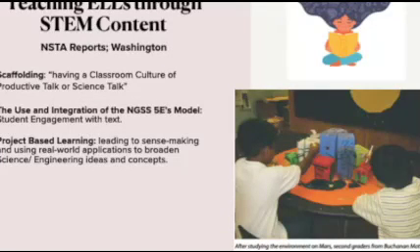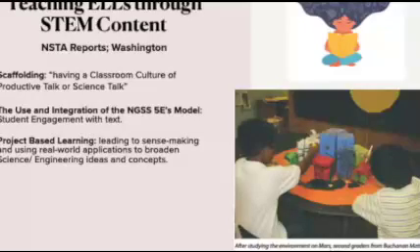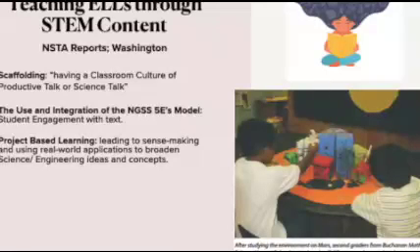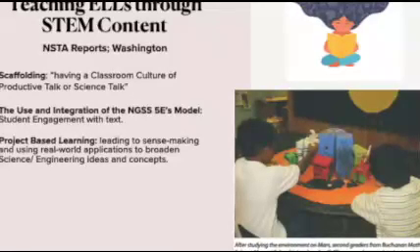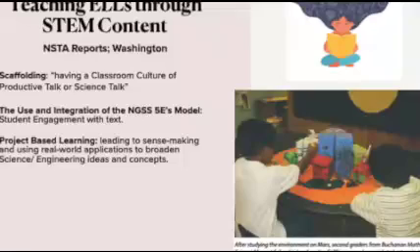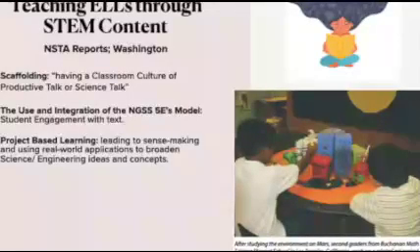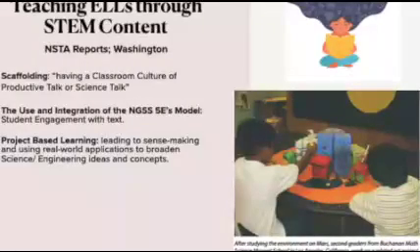In the article Teaching ELLs Through STEM Content, NSTA reports how scaffolding can help give students access to learning, especially students who are ELL. Having a classroom culture of productive talk or science talk allows students to express themselves, and it leads to it becoming part of their identity.